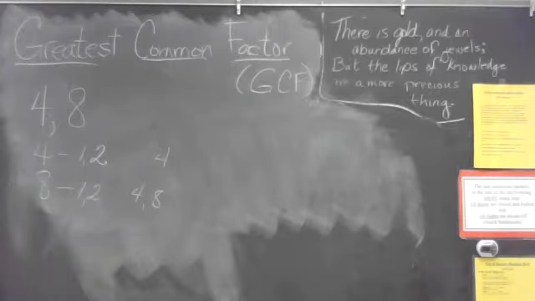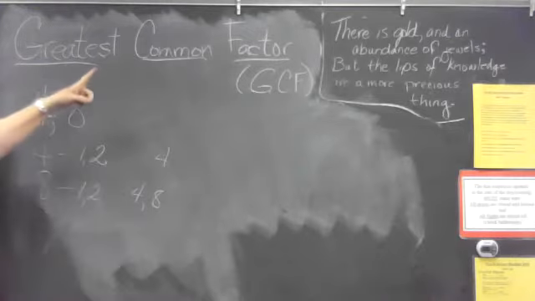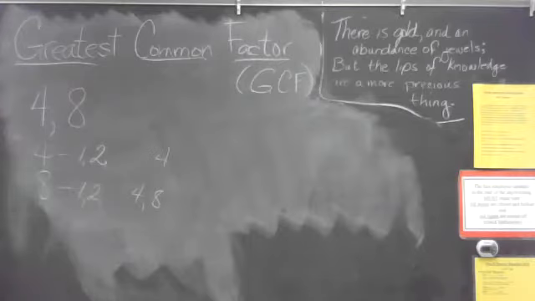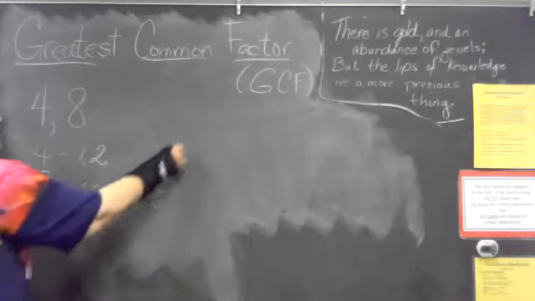Do y'all see? Okay. So now what we do is look through the list and find the largest number that is in common, greatest common. The largest number that's in common with both of these would be the 4.